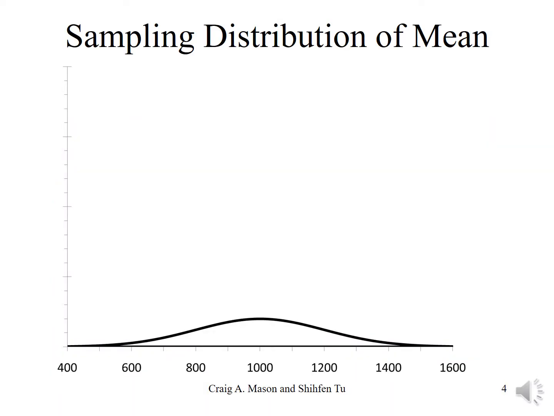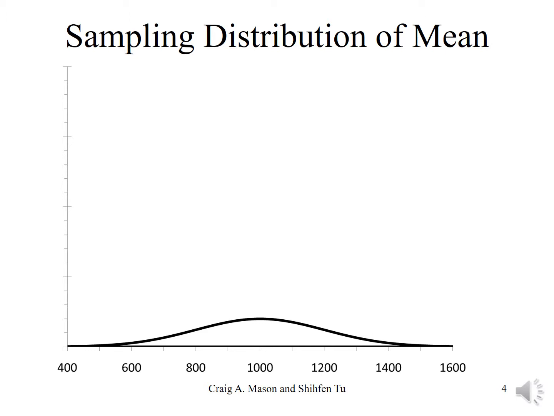Let's say I'm looking at SAT scores, and we'll assume the mean SAT score is 1,000, and the standard deviation is 200, and the scores follow the normal curve. Now, we know this isn't quite correct, but later it will make the math more transparent and easier to see what's going on. Here's what the distribution of individual scores would look like.